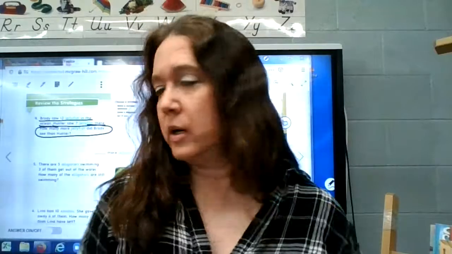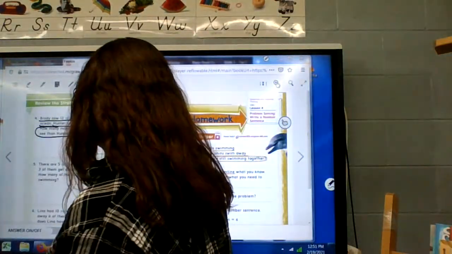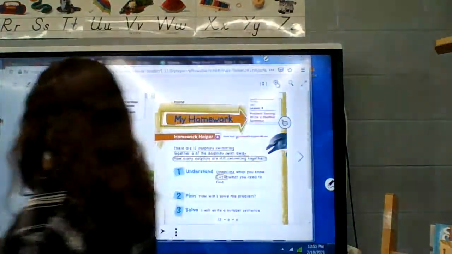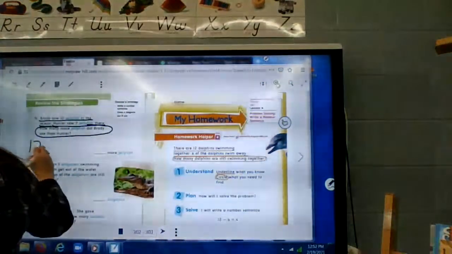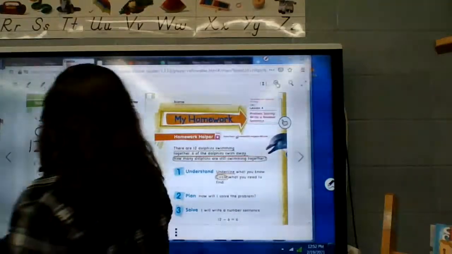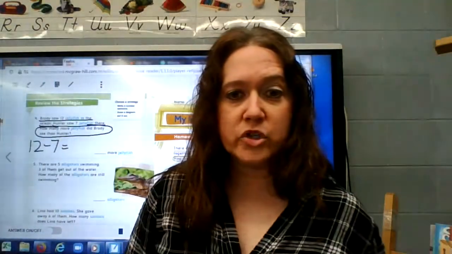We're trying to see how many more did Brody see than Hunter. Okay. But we are going to subtract. We're going to take 12 minus 7 to figure out how many more jellyfish.